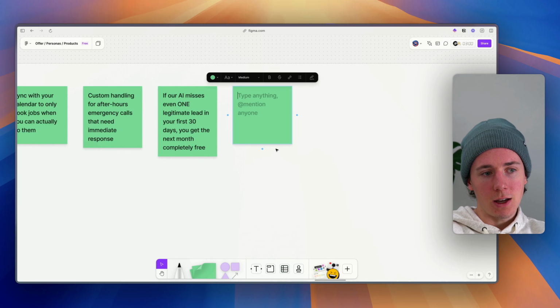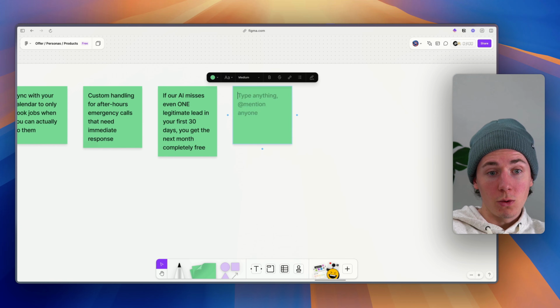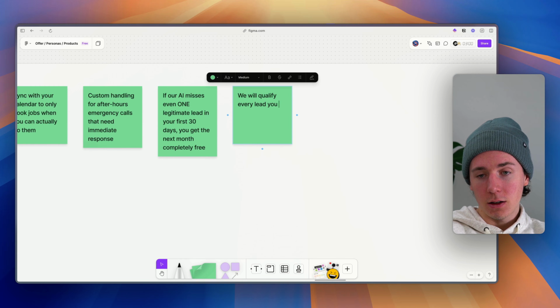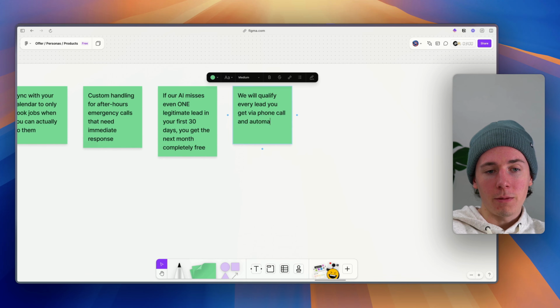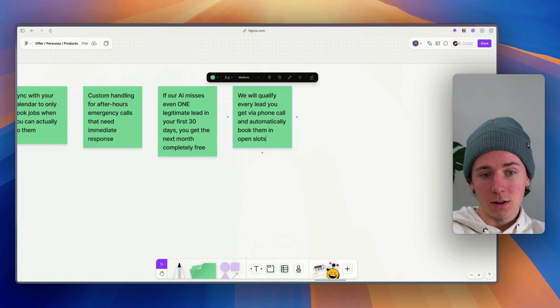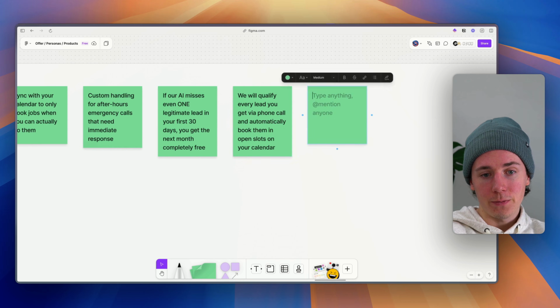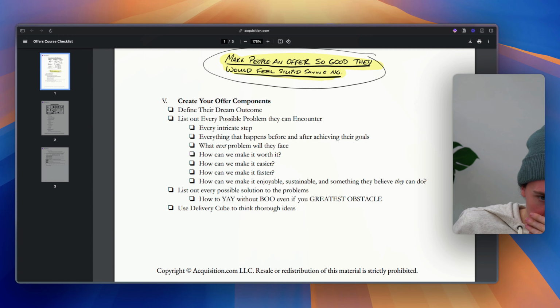So it will basically say, we will qualify every lead you get via phone call and automatically book them in open slots on your calendar. What else will we do?